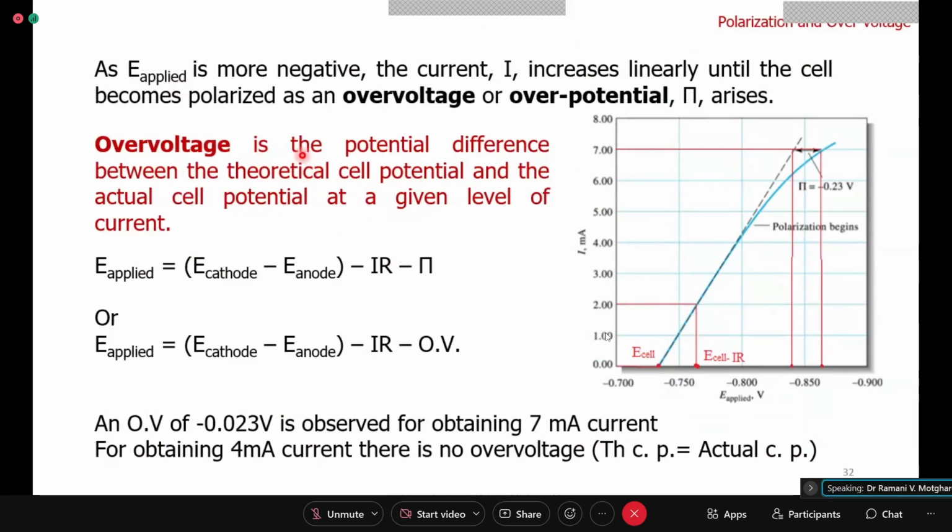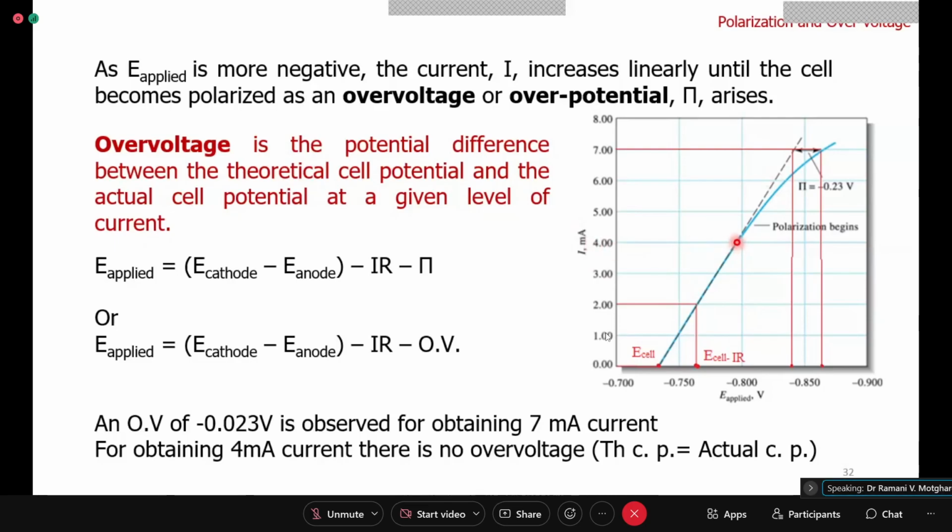Over voltage is the potential difference between the theoretical cell potential and the actual cell potential at a given level of current. At a given level of current means at 7 milliampere current, this is the over voltage. At 6 milliampere current, the over voltage will be from this point to this point. At 4 milliampere current, there won't be any over voltage.